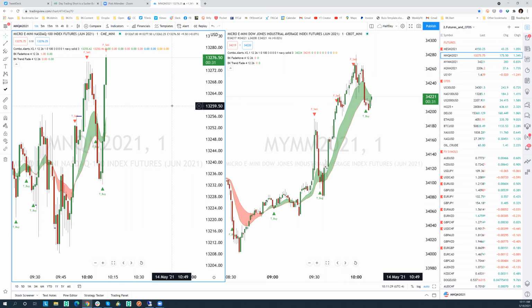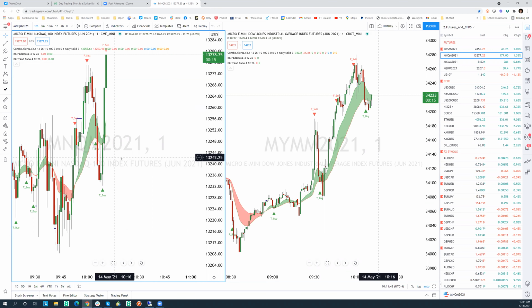But yeah, trading with the trend is 100% today. Trading against the trend is 0% today, as usual. But you guys get the idea. Look at this. You gotta love NASDAQ.